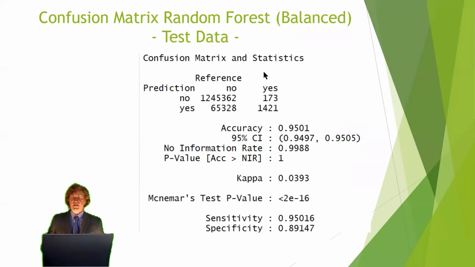The major change is that most of the became urban yes cells are now predicted correctly as yes, and only a small fraction is predicted as no, which is wrong. Our accuracy is not that high anymore, but 95% is still a very good accuracy.